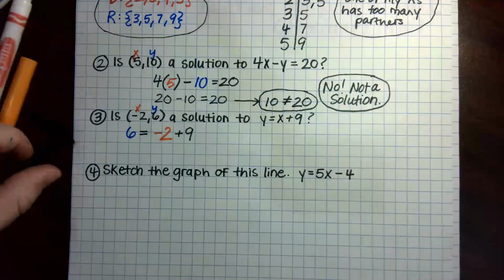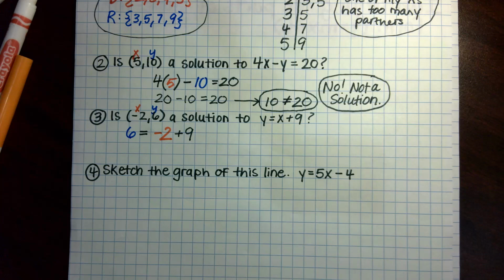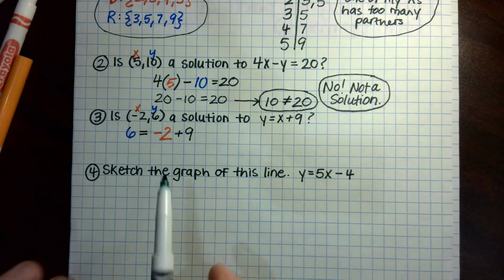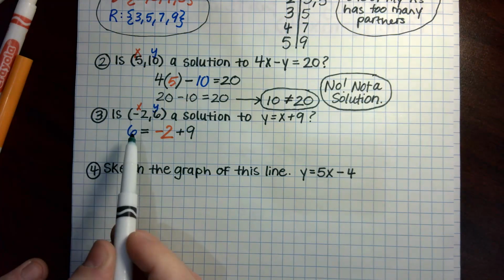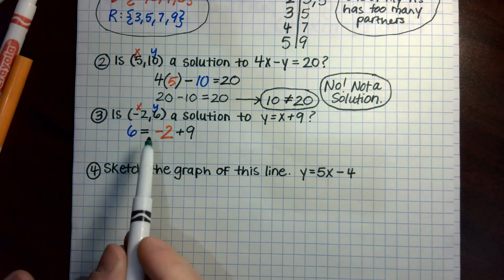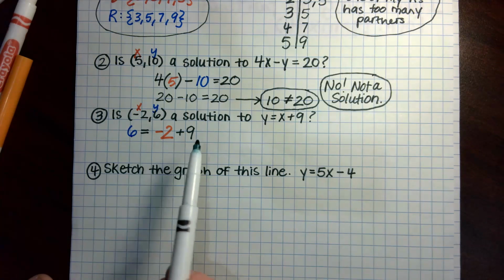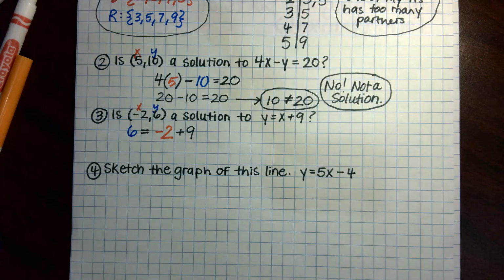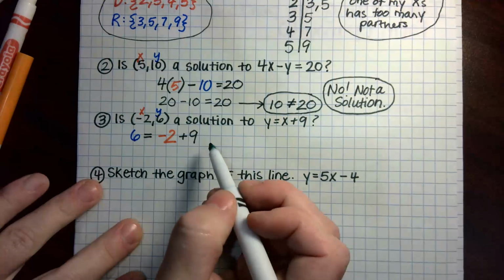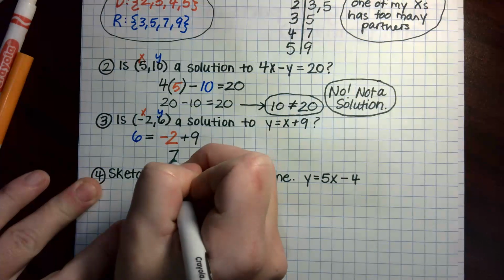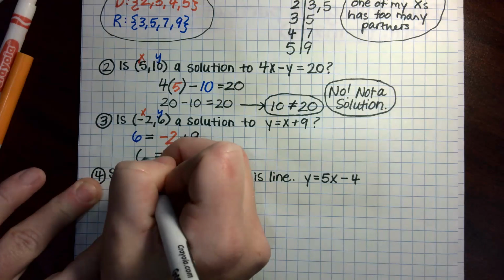All right, does everyone see how we got to this point? Perfect. Okay, what do we do now? We've got to solve it. So there's nothing to do on this side. We just have 6 equals. All we need to do is find out, is -2 plus 9 equal to 6? So what is -2 plus 9? 7. So we have 7 is equal to 6.